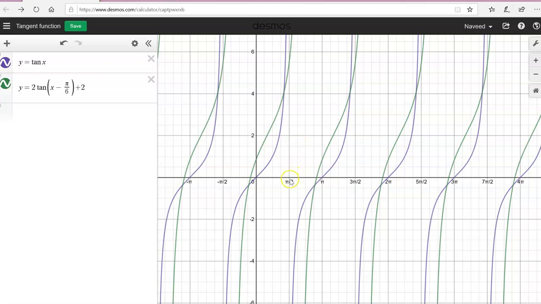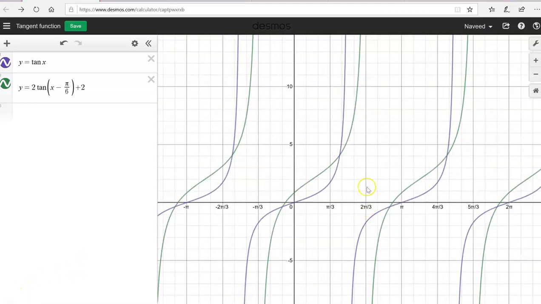So pi over 2 has been shifted by pi over 6, so pi over 2 plus pi over 6, which is 2 pi over 3, becomes the new vertical asymptote. So notice that all the vertical asymptotes have been shifted by pi over 6 to the right, and then the last piece that we did was plus 2.